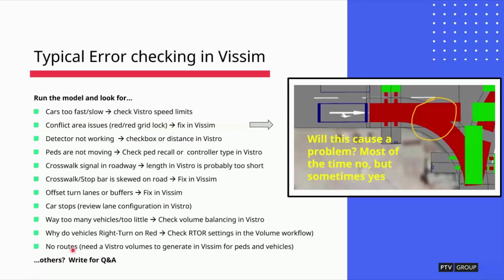One specific thing with pedestrians, if you have a pedestrian volume of 1, that has to create 2 links in Vissim for the crosswalk and 2 routes basically. So it's just going to create it for one direction, not the other direction. Just something to be aware of to make sure you have volumes to get routes.